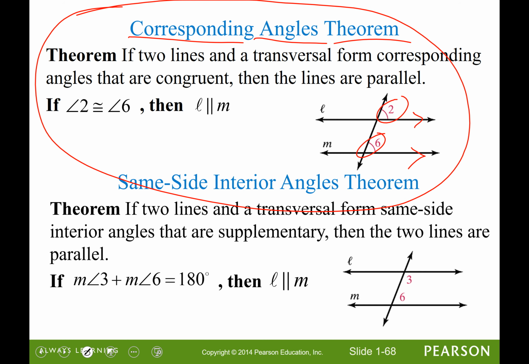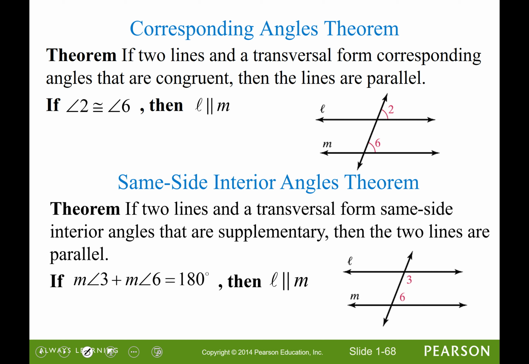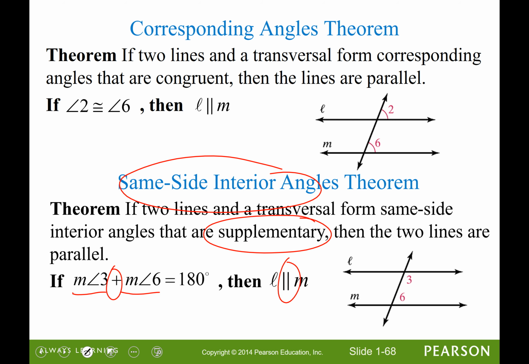There it is. If you said same side interior angles need to be supplementary to have the two lines parallel, then you got it right. Okay, so we're going to set those two angles, their sum, equal to 180.